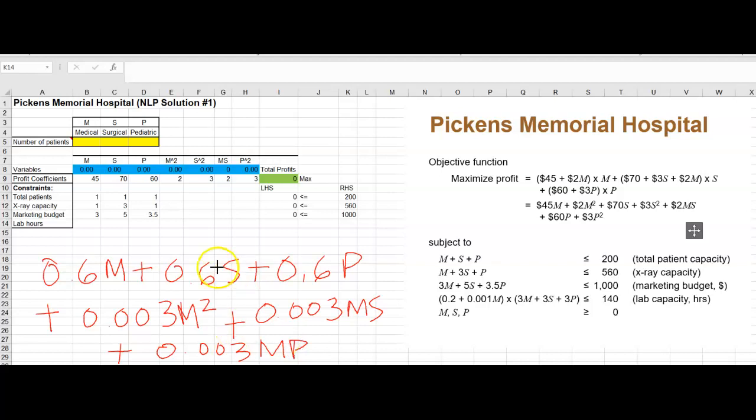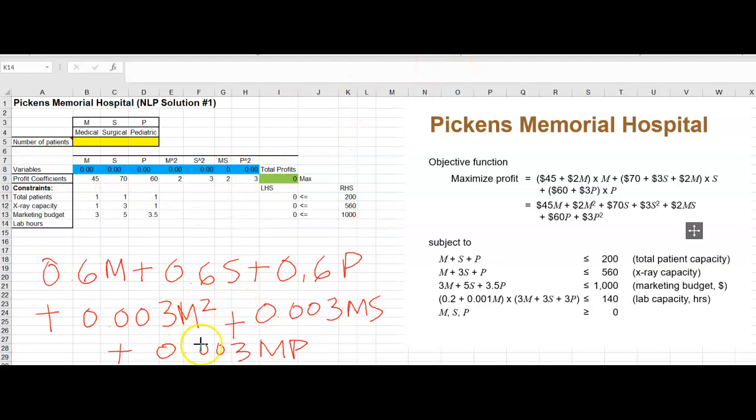So if I look at the terms that are a part of this equation so far, our m, s, p, those three are already included in our variables. Next we have m squared, which is also there. Then we have ms, which is also there. And finally we have mp, which is not there. So I'll have to add that to my list of variables here.